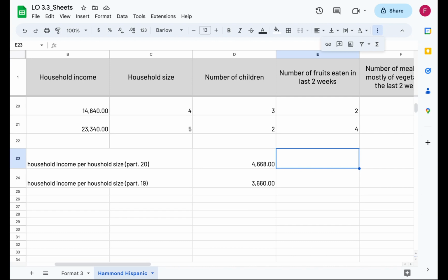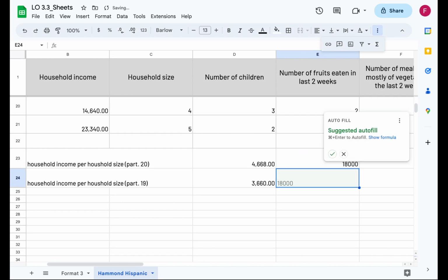Let's say that's what they're earning for the 3 adults in there, because there are 2 children. So there are 3 adults that are earning 6,000. So what we can do is click on this 3. What we want is to multiply 3, you use the asterisk, 6,000. We can type that in, and then that gives us this amount.